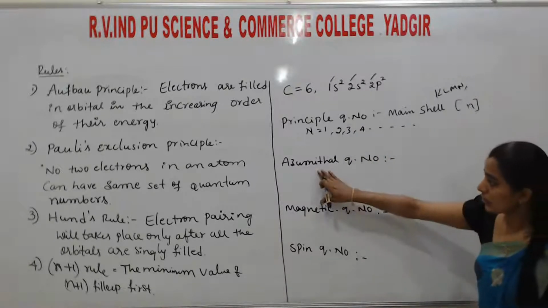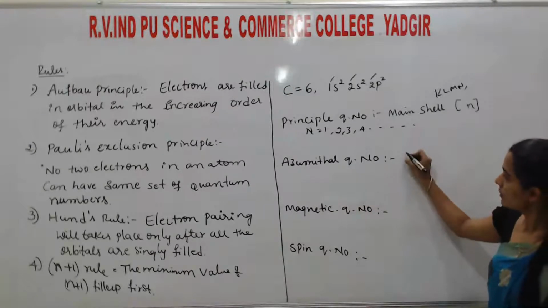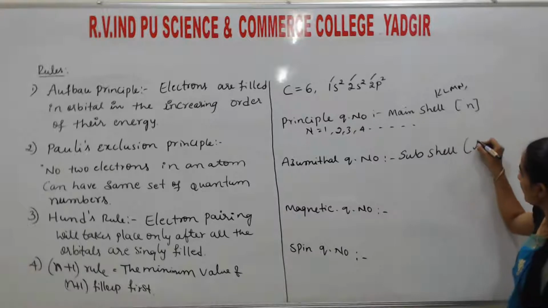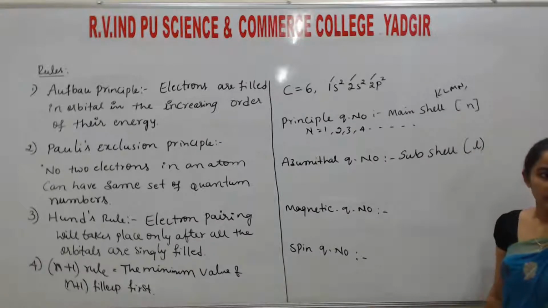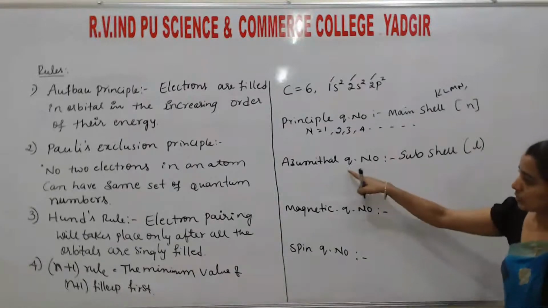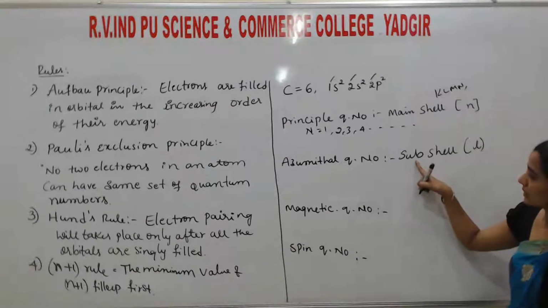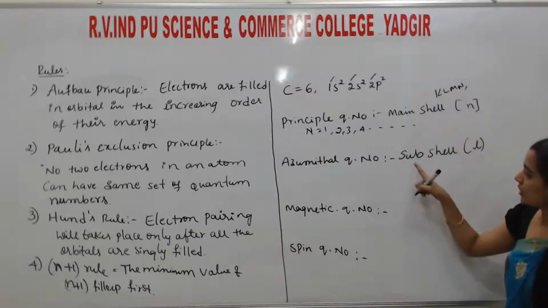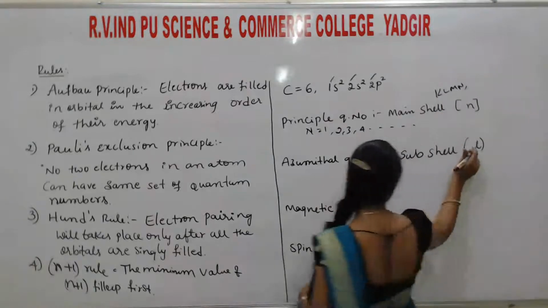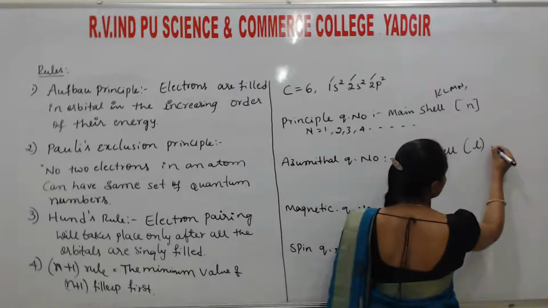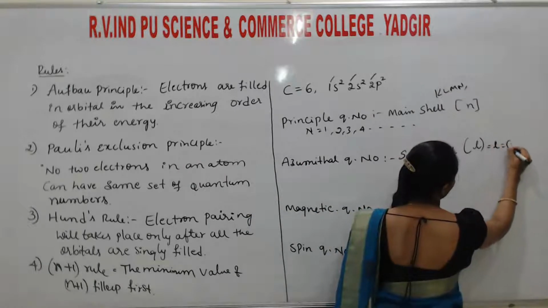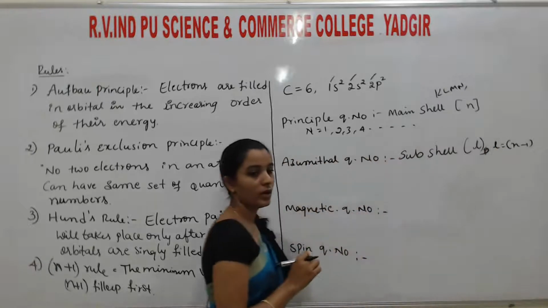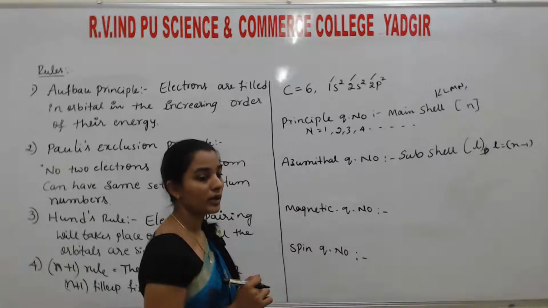Okay, students. The azimuthal quantum number tells about the subshell and is represented by l. The azimuthal quantum number represents the subshell, while this is the main shell K, L, M, N. Its value is given by the formula l is equal to n minus 1.